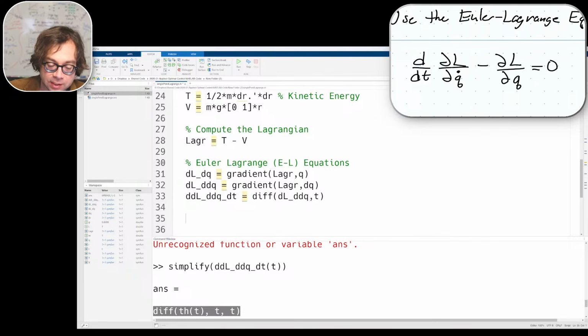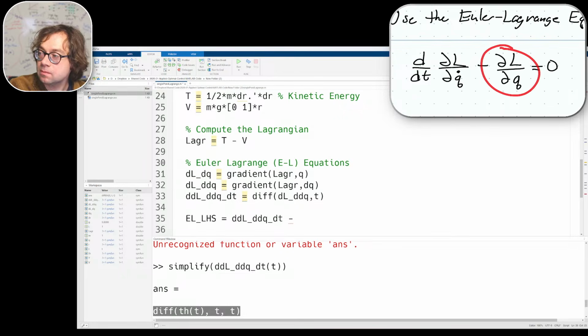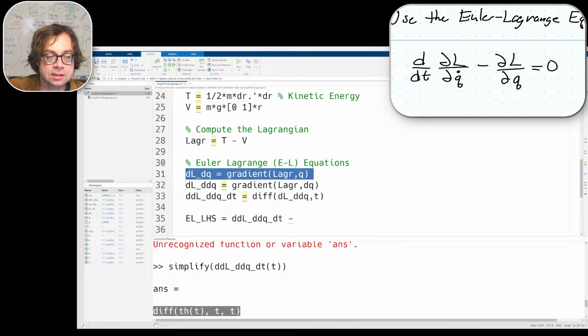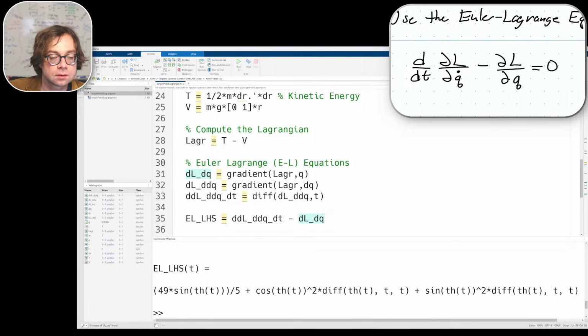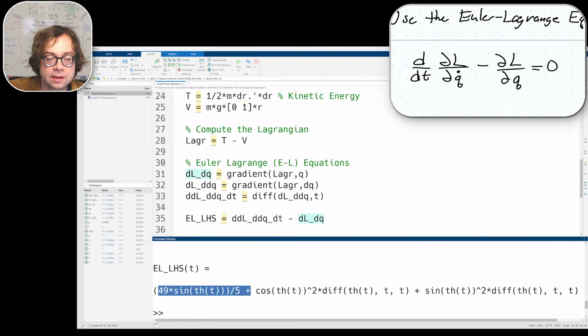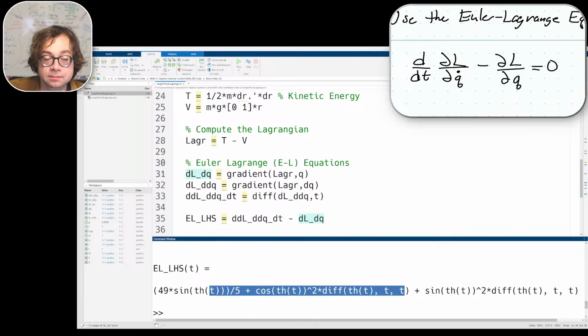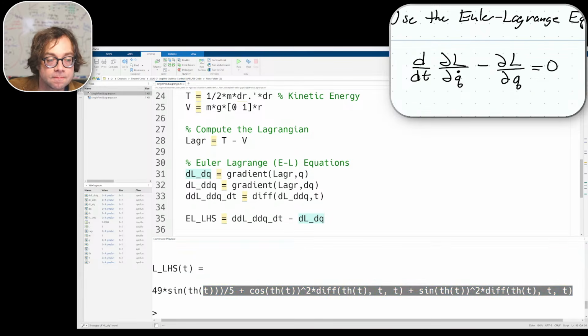The Euler-Lagrange left-hand side, EL-LHS, is going to be equal to this term, copy, minus this term, copy. There we go. EL-LHS with respect to time. Look at that.